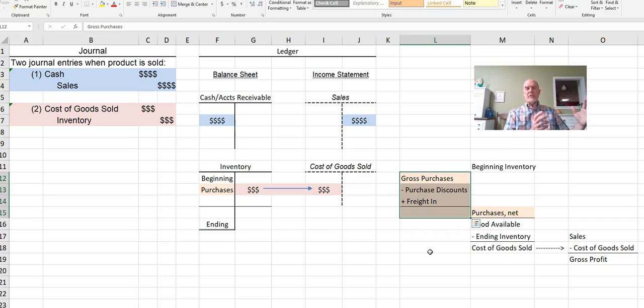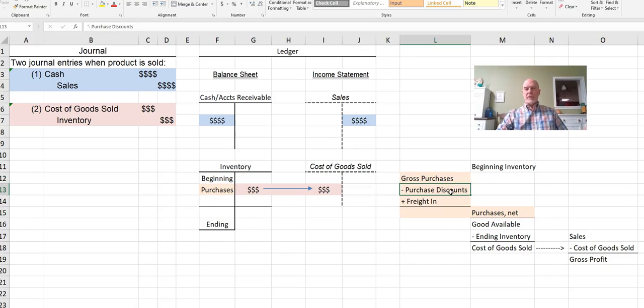The vendor would also like you to pay them as quickly as possible, and they may give you an inducement to do so by offering a discount if you pay early. If you pay early and take advantage of a discount, we call that a purchase discount, and that would reduce the cost of your purchases.